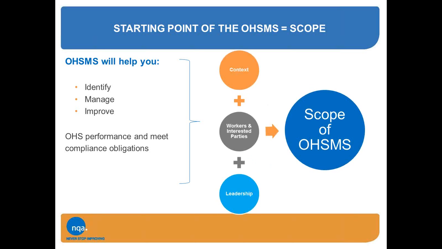If you're manufacturing ball bearings and all of a sudden you want to manufacture glass plate, then you can see that by changing the strategic direction of a business, it can have a huge impact on the knowledge and requirements of the organisation and the resources, etc. So that's why leadership and the commitment to promote the protection of workers is fundamental to the operation of the management system.